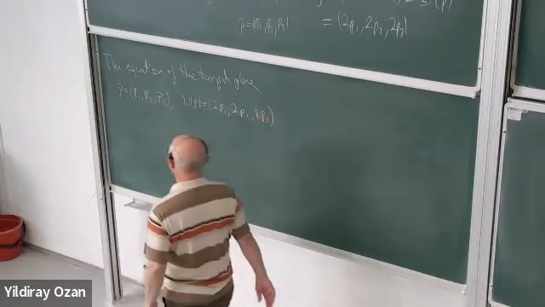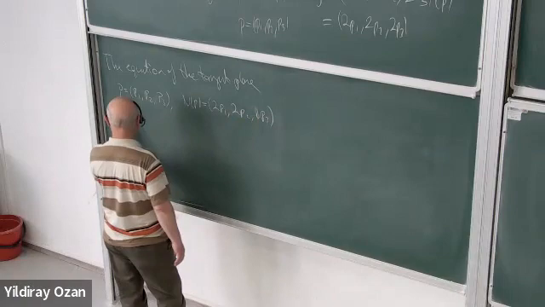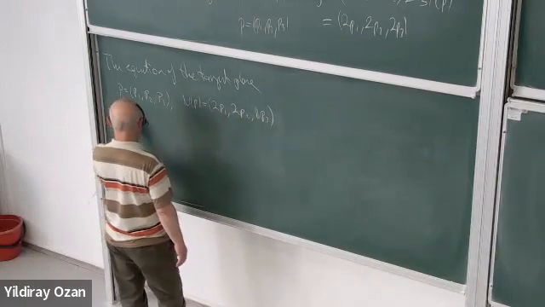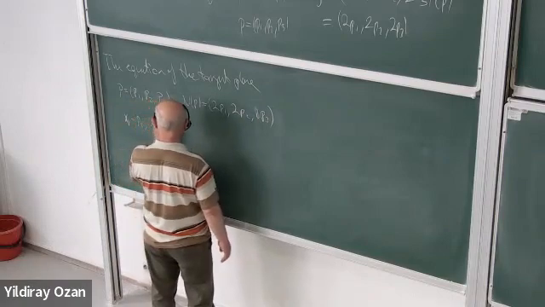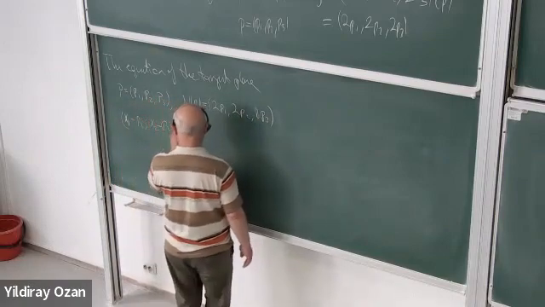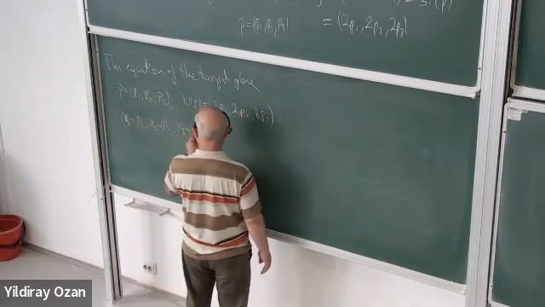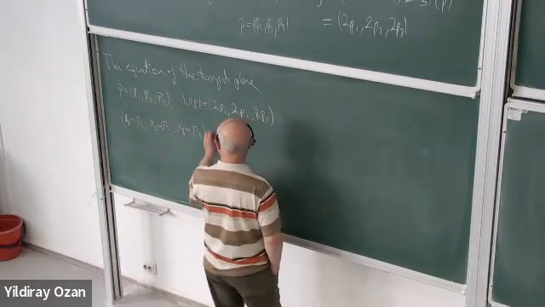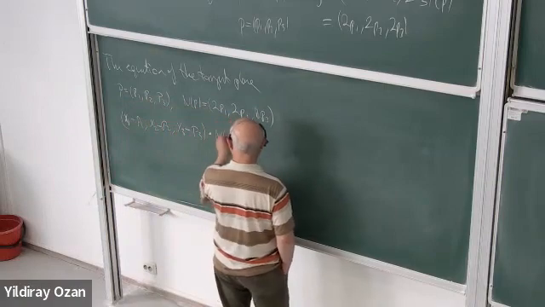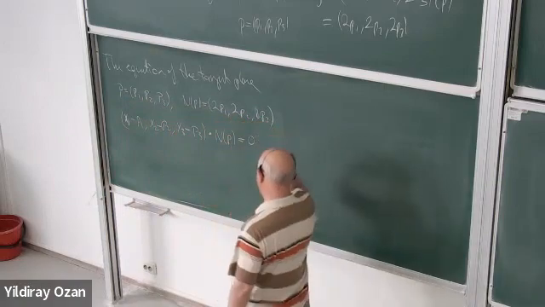So what would be the equation? The equation is just (x1 minus P1, x2 minus P2, x3 minus P3) dot product the normal vector, right, is equal to 0.